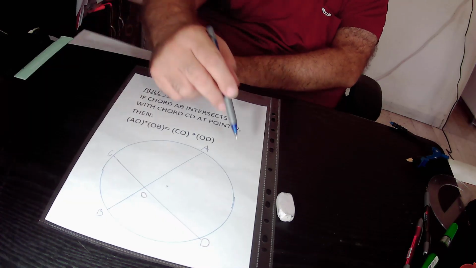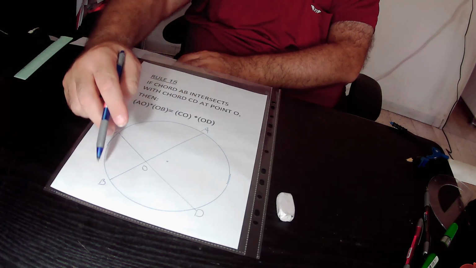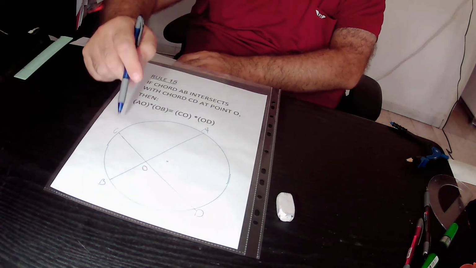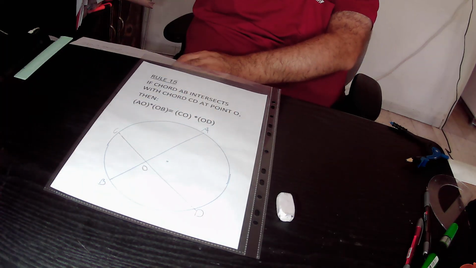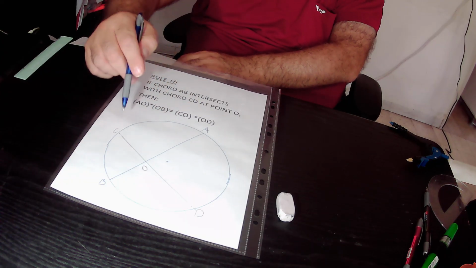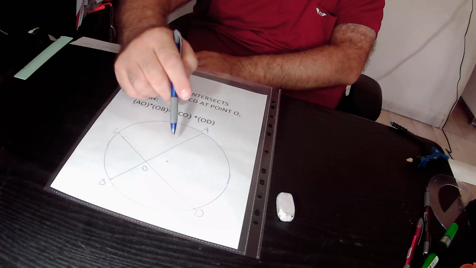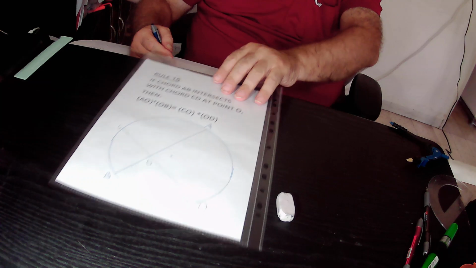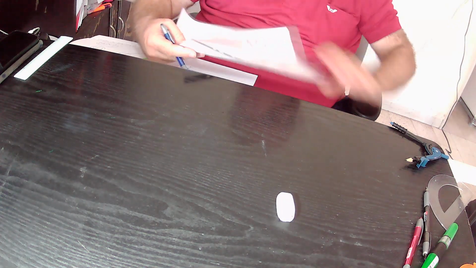In the drawing, we have a circle. This is chord AB. It intersects with chord CD at point O. So in this drawing, the following equation is true: AO times OB equals CO times OD.